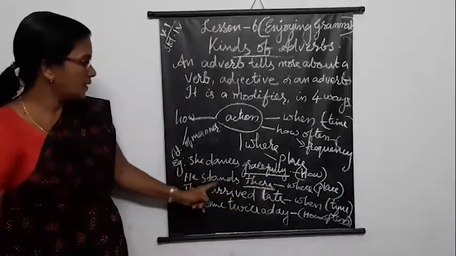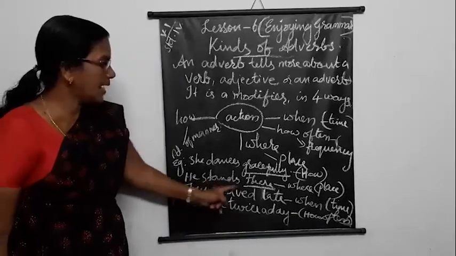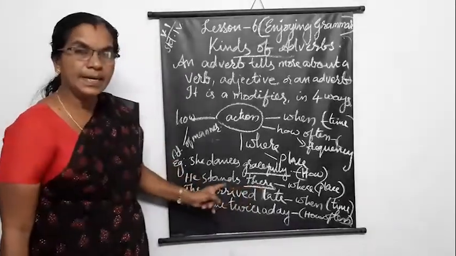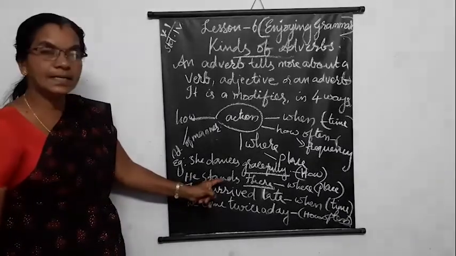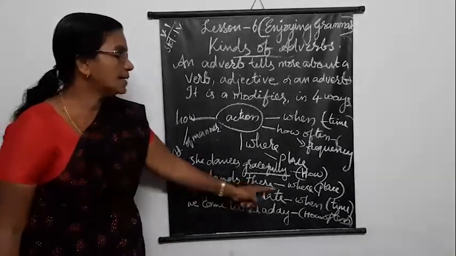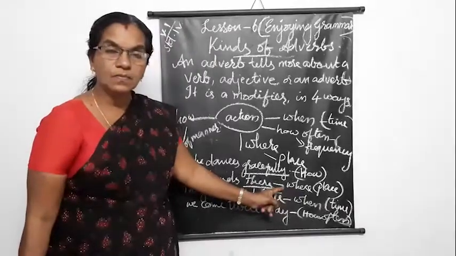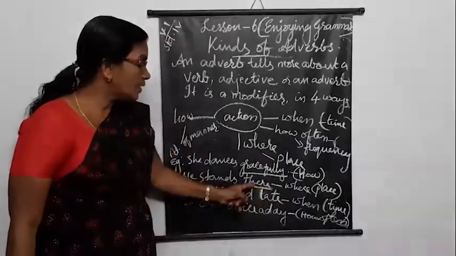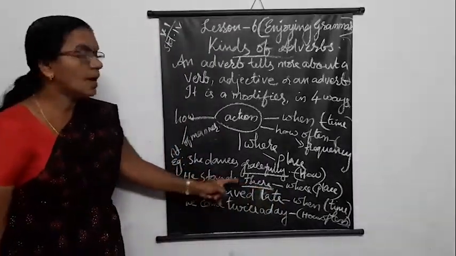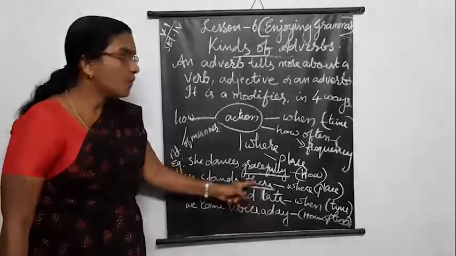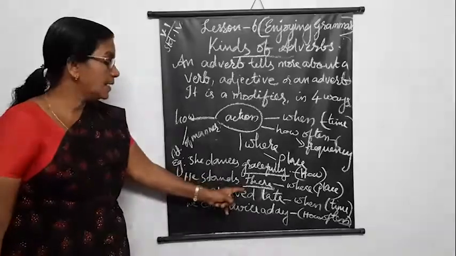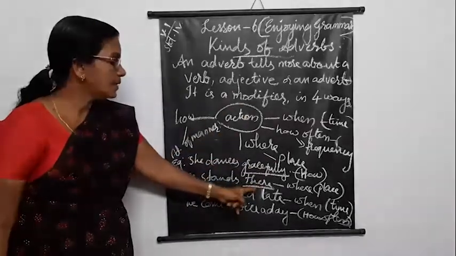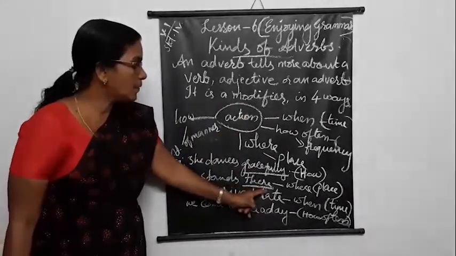Next one, he stands there. He is the subject, stands is the verb, and there is the adverb. Why? This word there tells where the action happens. Where does he stand? He stands there. So, there is the adverb here.